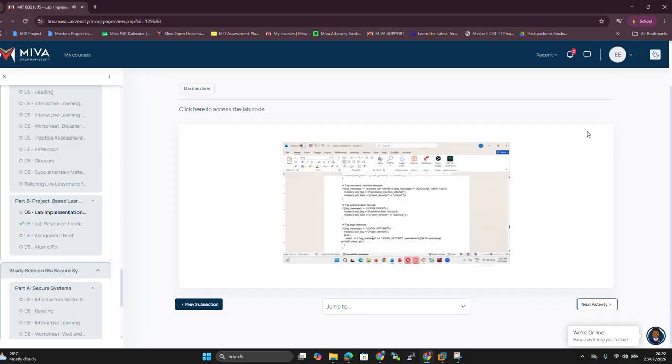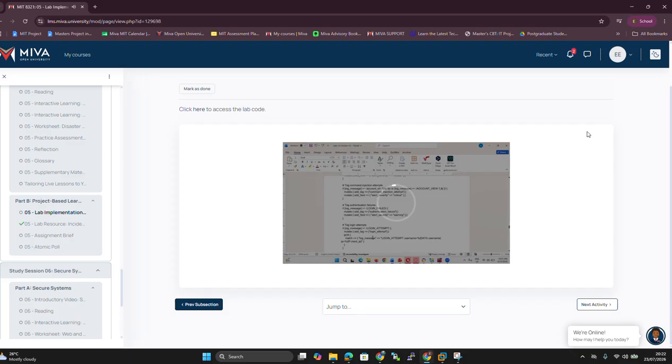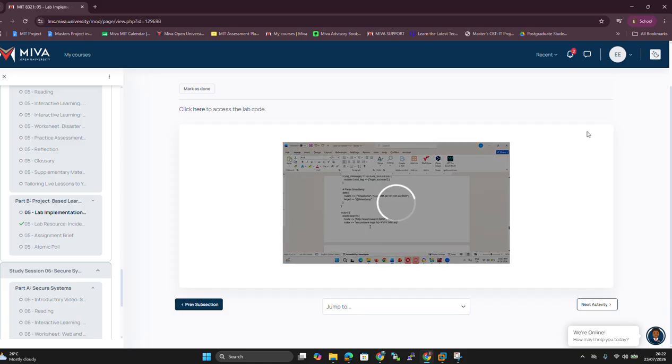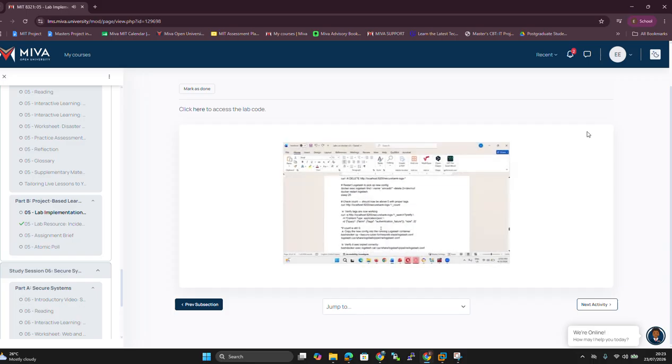All of this will be added to your log. Login attempts, log task success logins, and many of this will be added to your log.